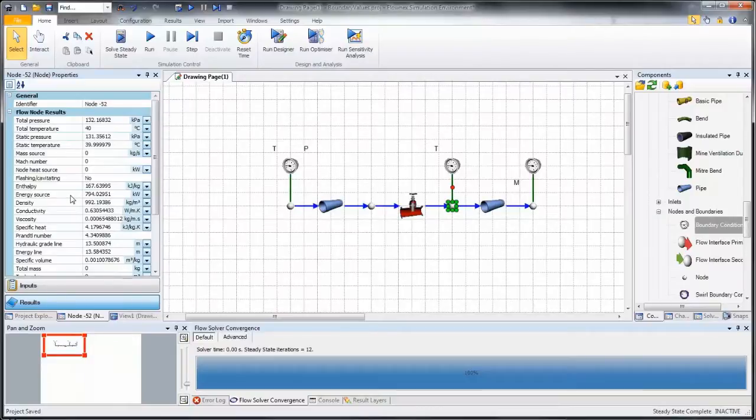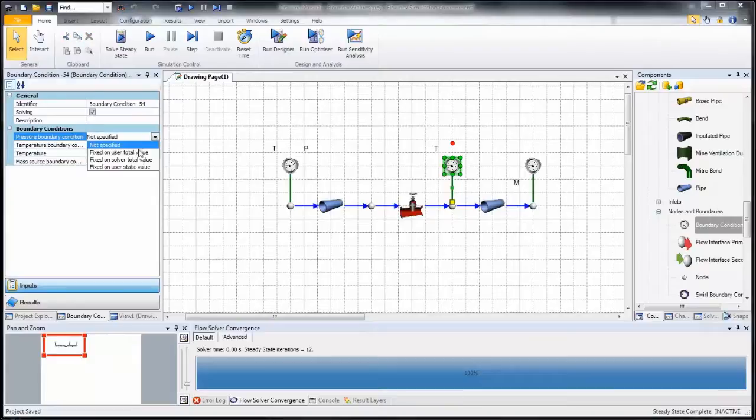Now, this is the amount of heat needed to raise the fluid's temperature from 21 degrees Celsius to 40 degrees Celsius. Note also that although there is a mass flow through the system, there is no mass source result on this node, because no mass source is generated or discarded at this position, as we discussed.